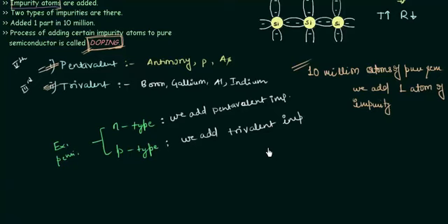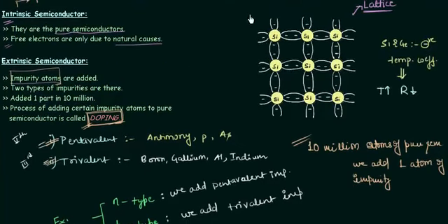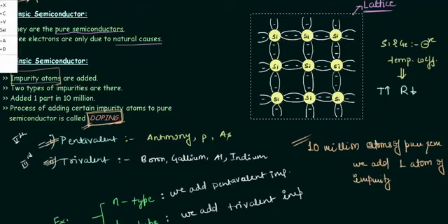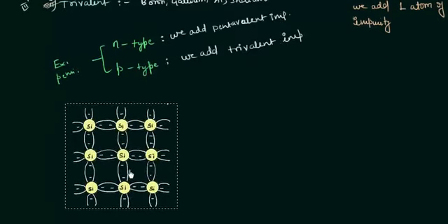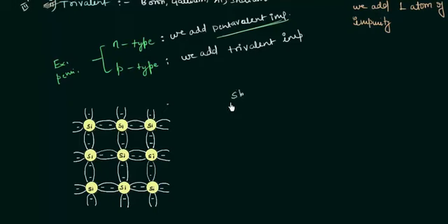Now we will study how N-type semiconductor is formed. For this I will copy and then I will paste it. I will drag it down and we will see how we have N-type semiconductor. As I have already told you, in case of N-type semiconductor we add pentavalent impurity. So I'm going to add antimony, Sb, to this lattice, and I will remove this silicon atom.